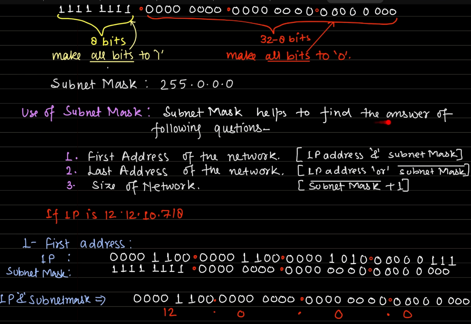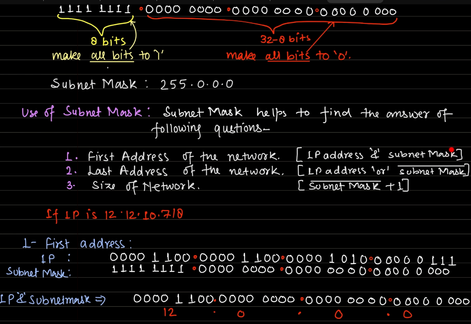So why do we actually need the subnet mask? The subnet mask helps us answer the following questions. What questions are always asked about a network? Can you tell me the first address of the network, the last address of the network, or the size of the network? There are rules.